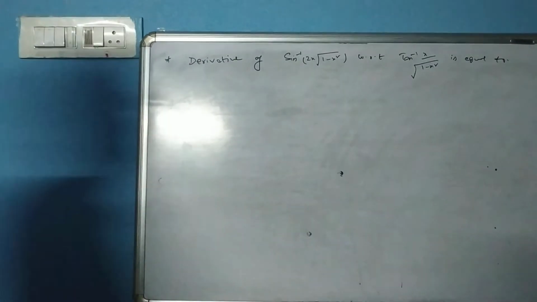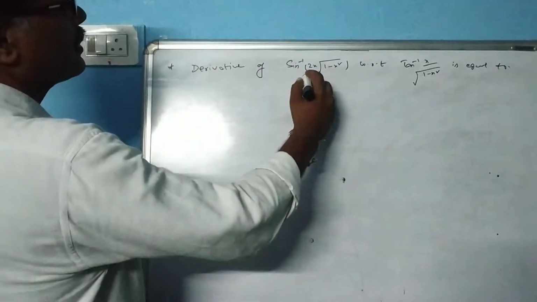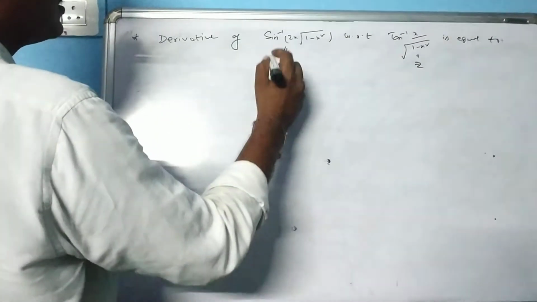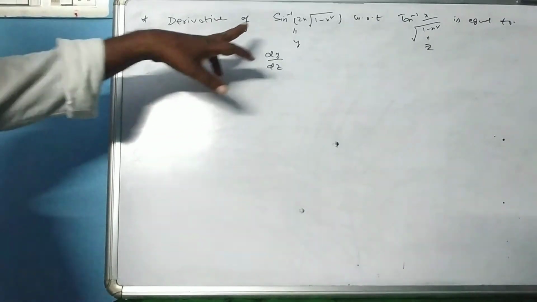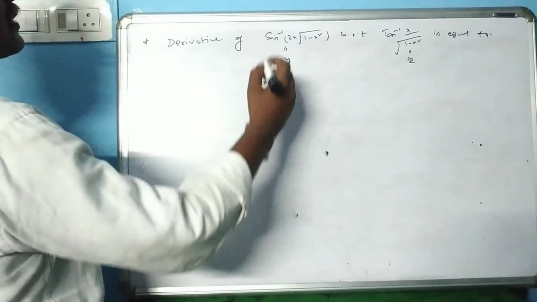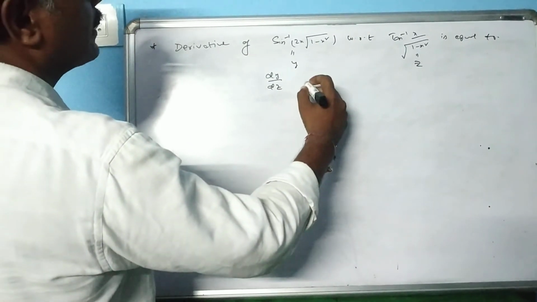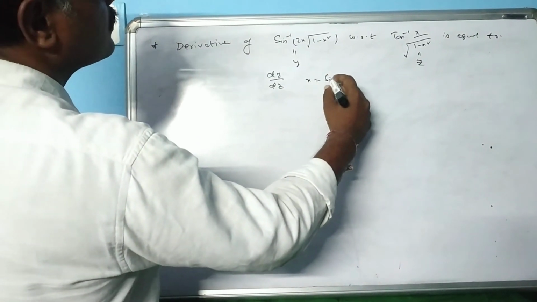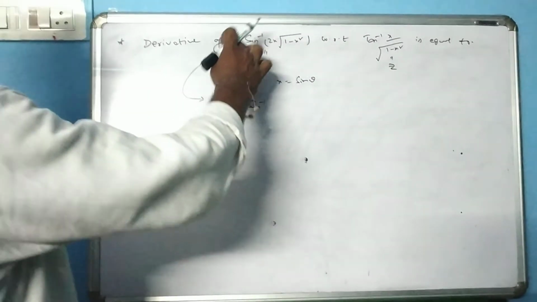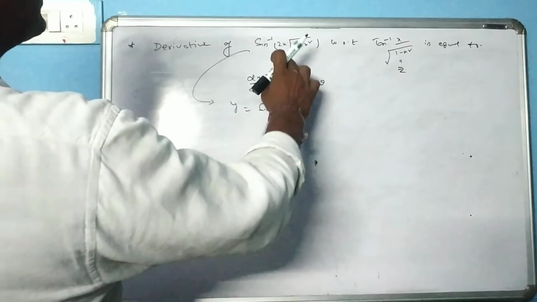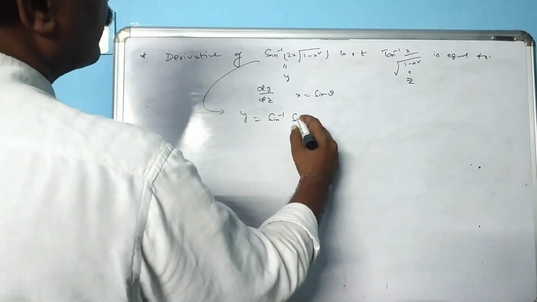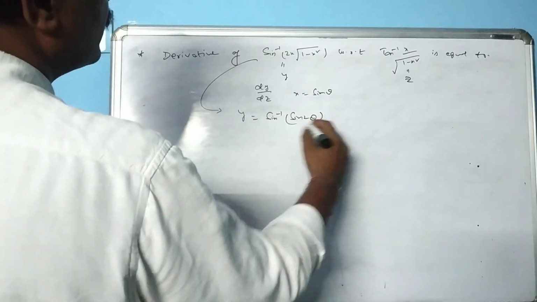Now suppose this is equal to y and this is equal to z. My dear friends, we have to calculate dy/dz. In this case, I like to take x = sin(theta). Then y = sin^(-1)(2x sqrt(1 - x^2)) = sin^(-1)(sin 2 theta), which becomes 2 theta.